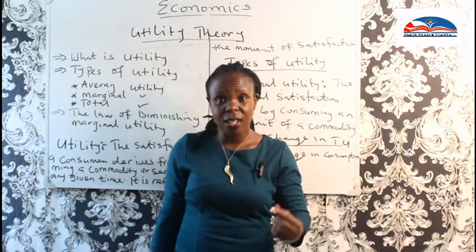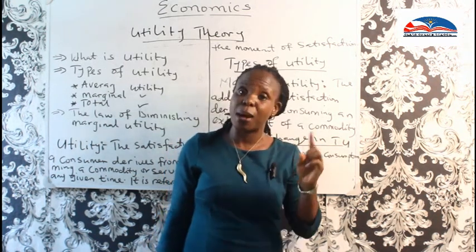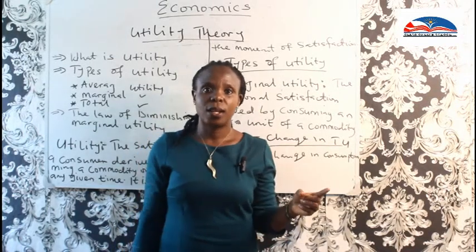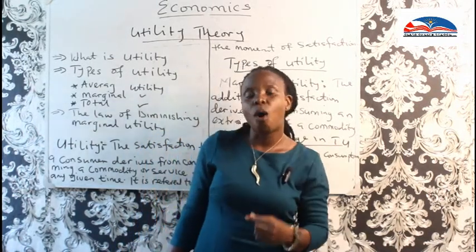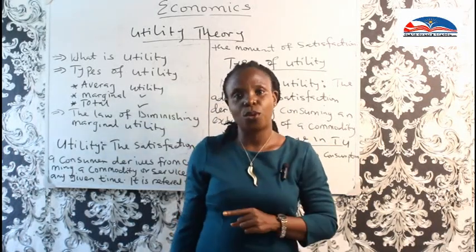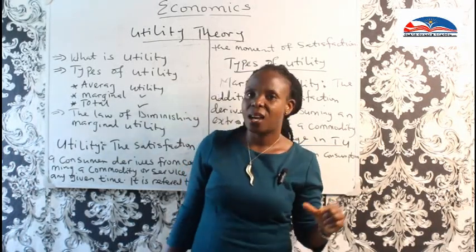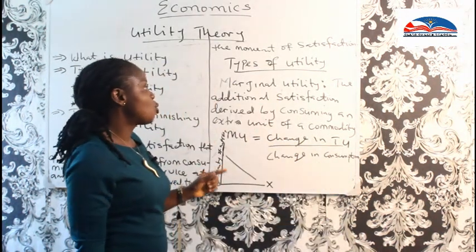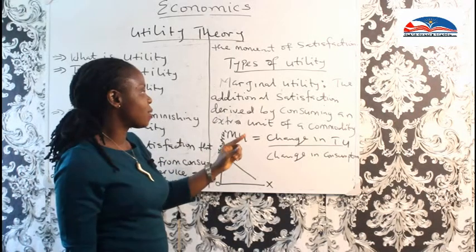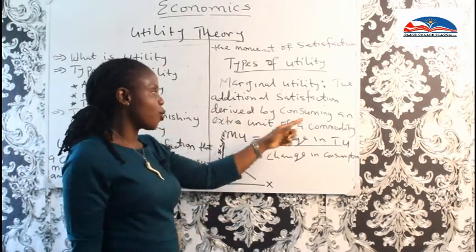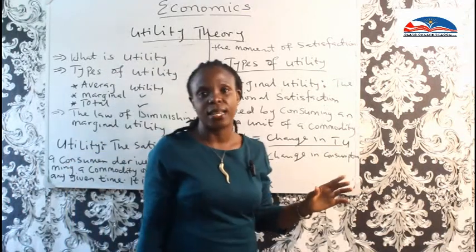The addition of the second one is my marginal utility. That's because I loved the first one, so I needed more. I got an extra unit of that product. That is marginal utility. So marginal utility has to do with the additional satisfaction derived by consuming an extra unit of a commodity, like the water I said.